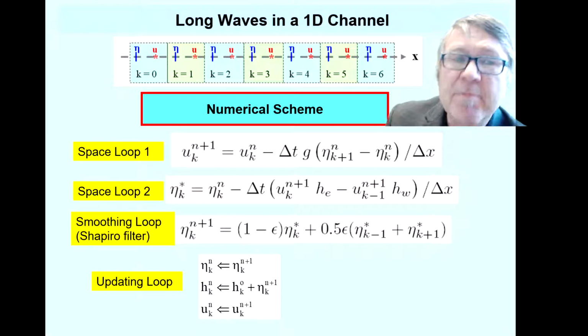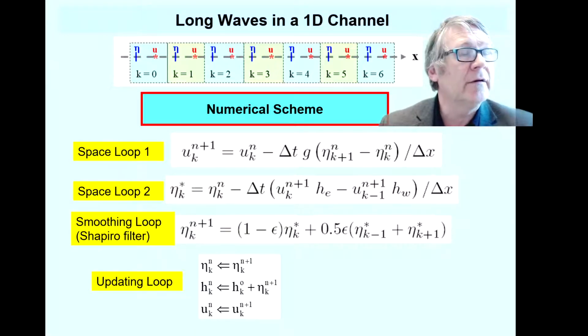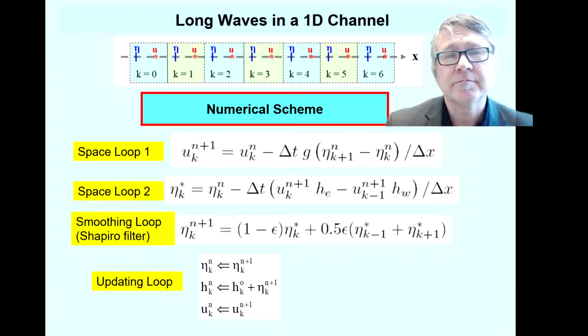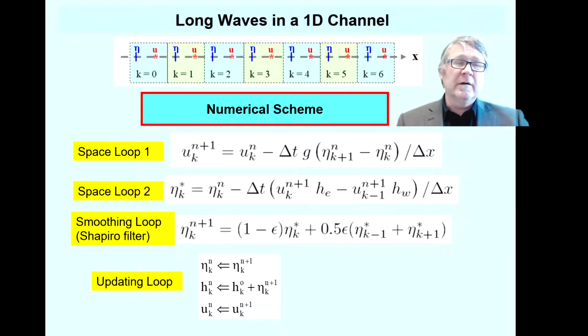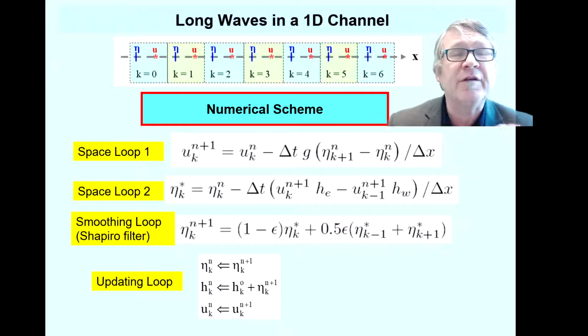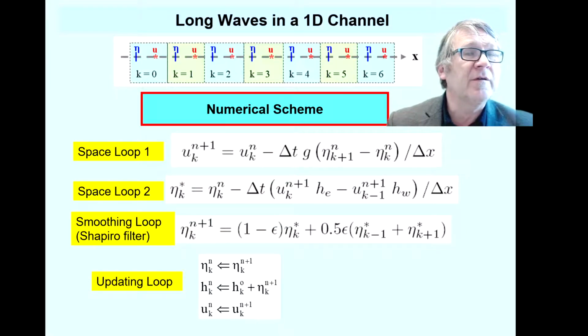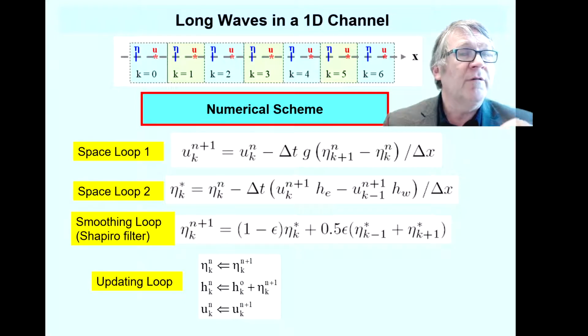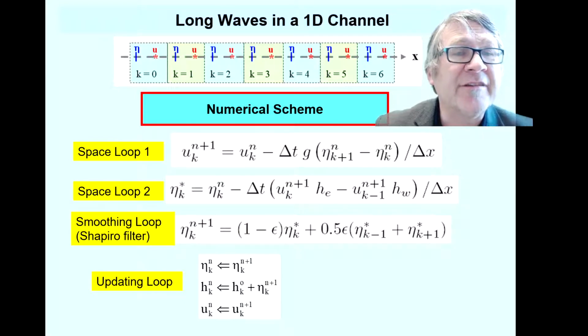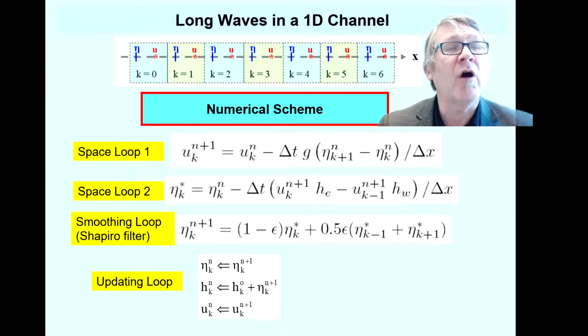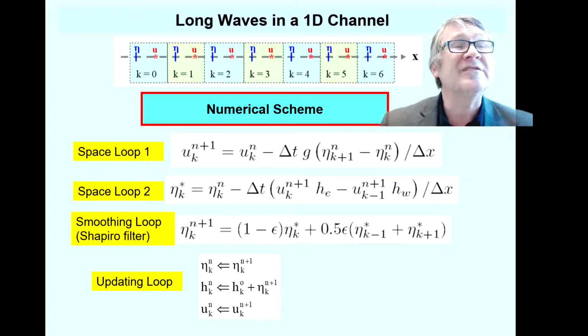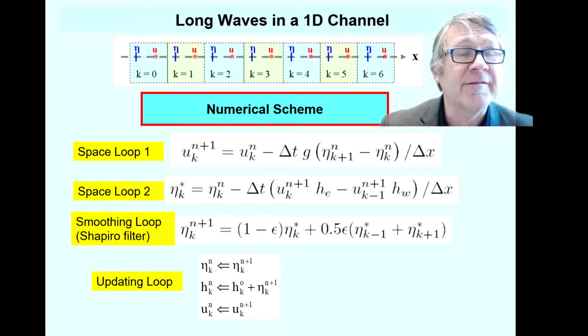But there's a little bit more than just grid cells. Because we also have to define where each grid point for the sea level elevation and each grid point for the horizontal velocity is defined.